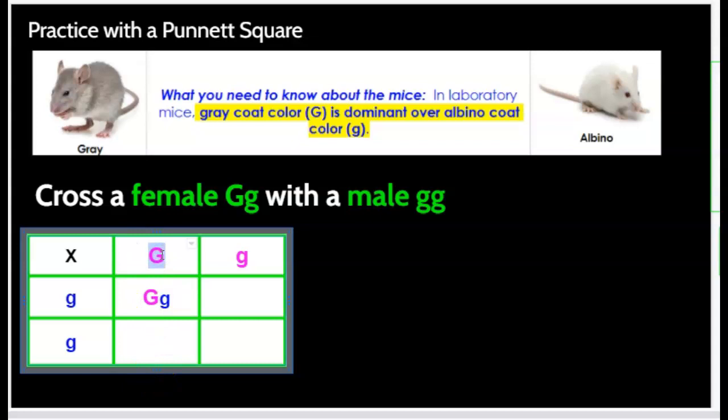So the mom gives an allele and the dad gives an allele. Okay, then we come over here, and mom can only give these two offspring the recessive allele.